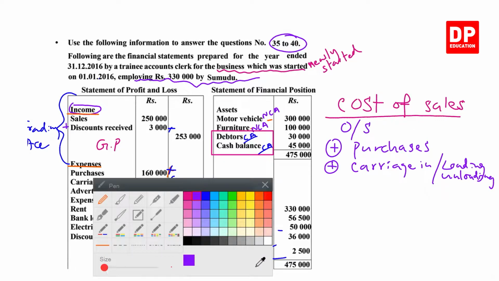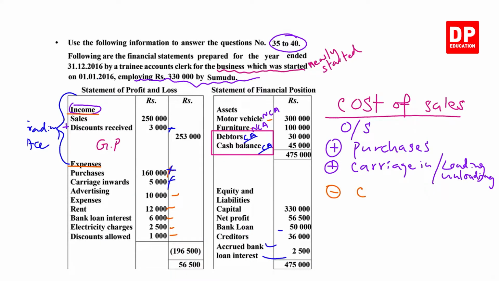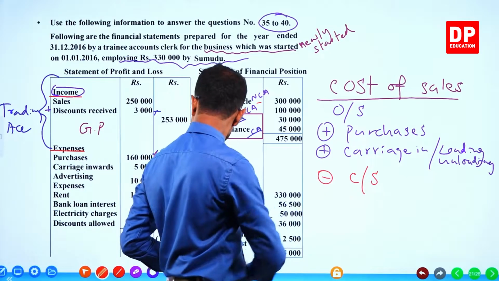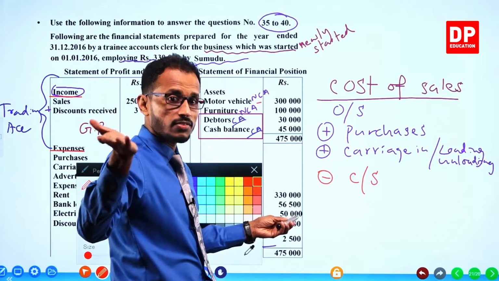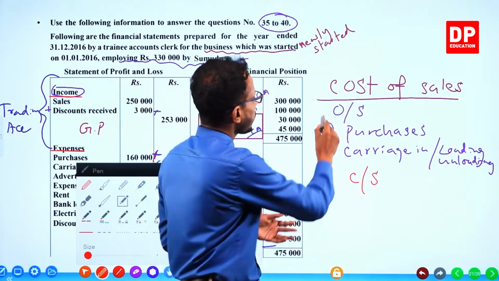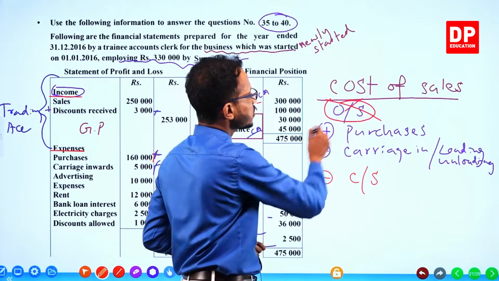That is the way to calculate the cost of sales. We don't have opening stock in this question. That's what I was searching for. No opening stock, no closing stock.